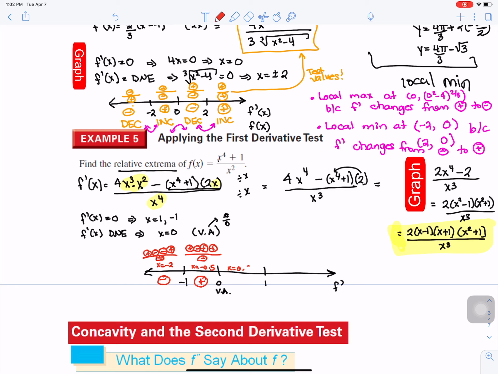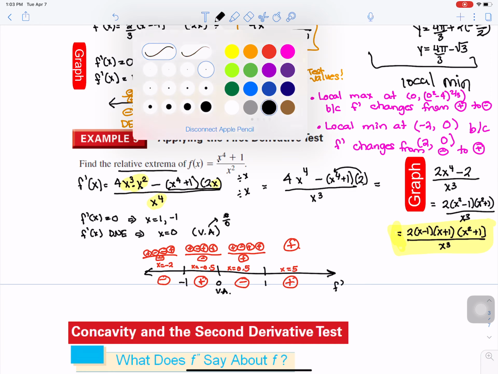When x is 0.5, I get positive 2, half minus 1 is a negative, half plus 1 is positive, last term squared plus 1 is positive, and the bottom is going to be positive, so the overall result is negative. And when x is equal to 5, we're going to get an overall positive result.